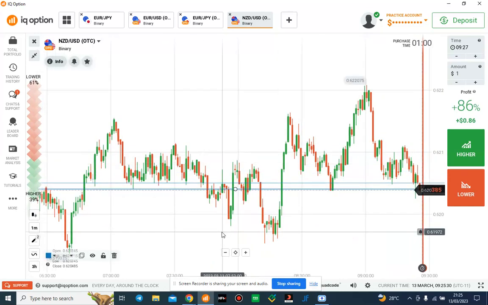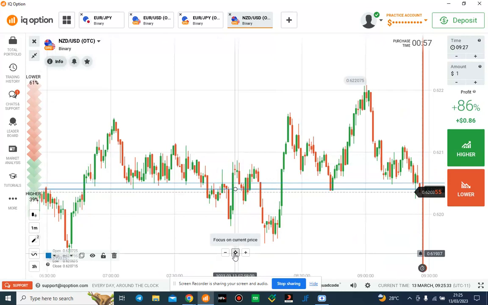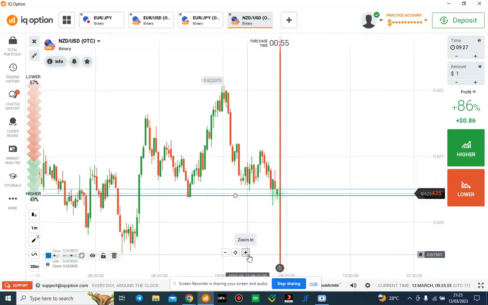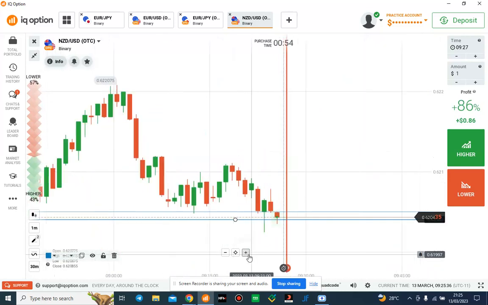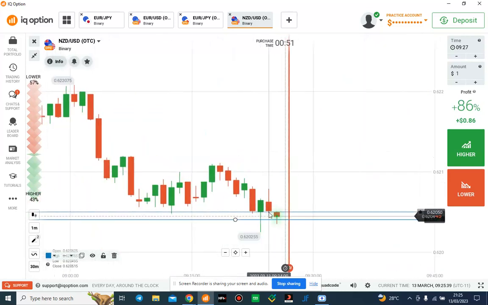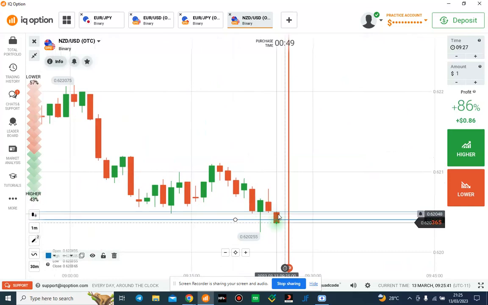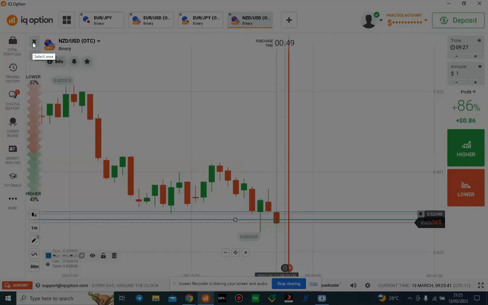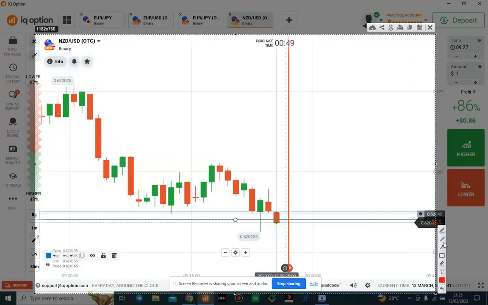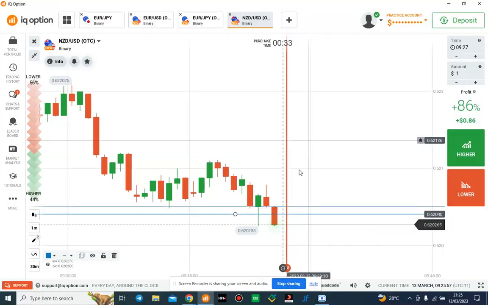Let's draw the second line at the low, okay, which indicate the market also reach the support. We can expect some buyers entry if the candle close inside the zone, inside the area. Okay, let's see.